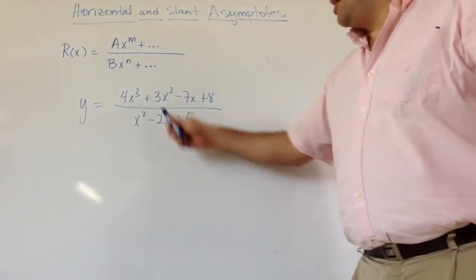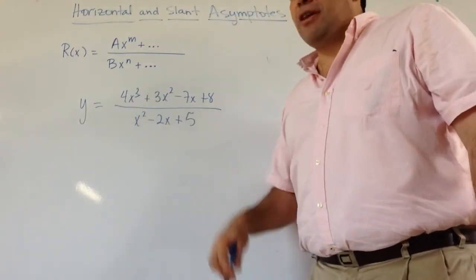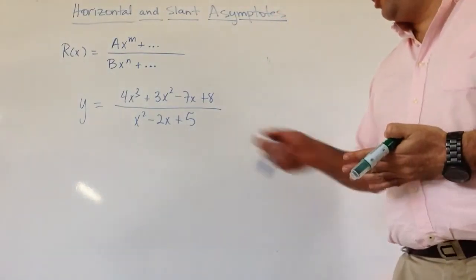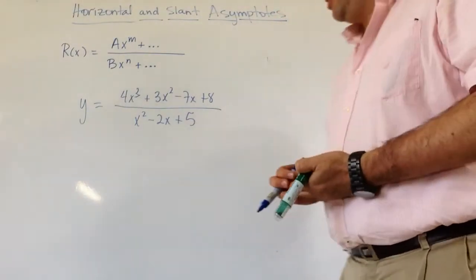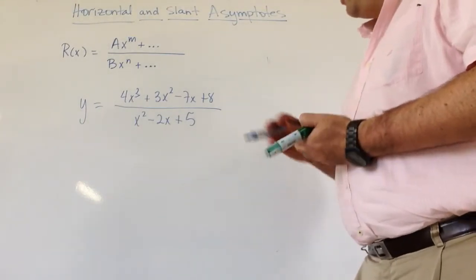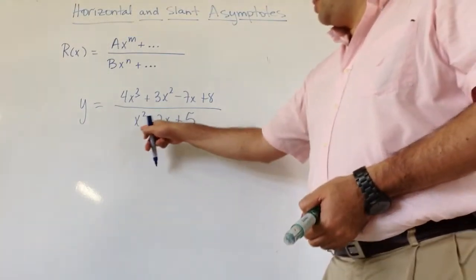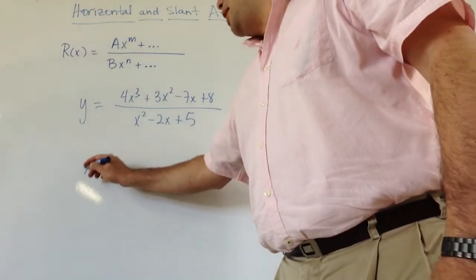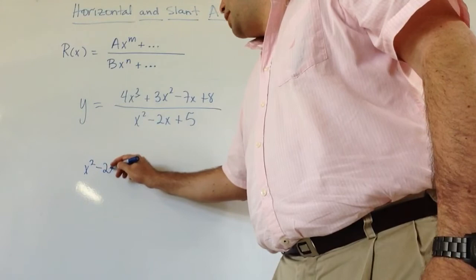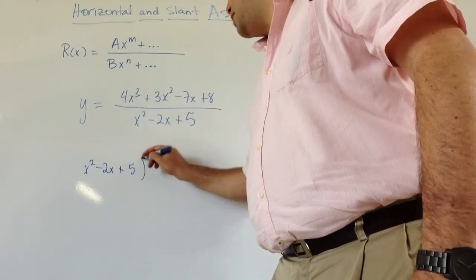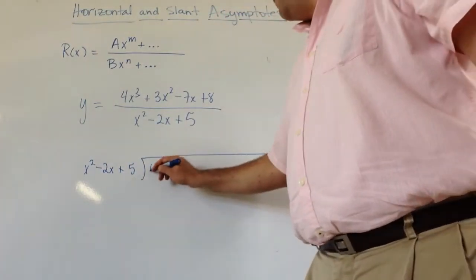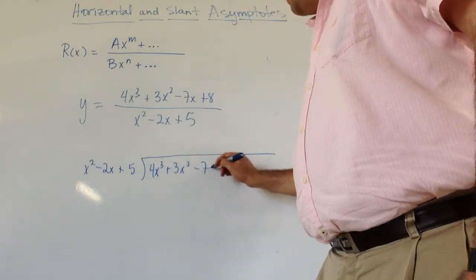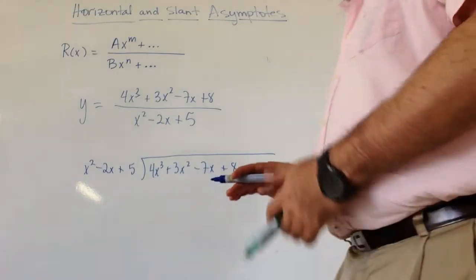The degree 3 is 1 more than the degree 2, so it has a slant asymptote. In order to find it, we need to divide. We're going to use long division because the divisor is not linear, so we can't use synthetic division. I'll put x squared minus 2x plus 5 divided into 4x cubed plus 3x squared minus 7x plus 8.